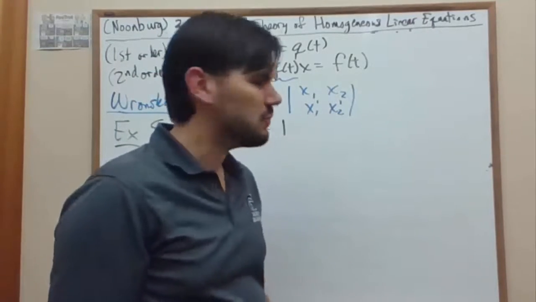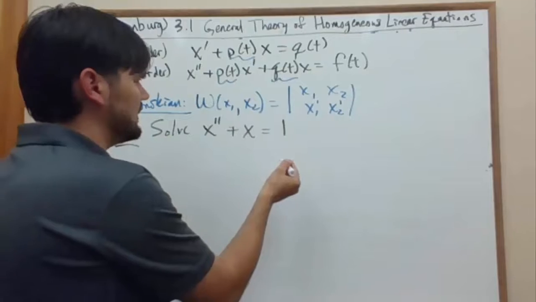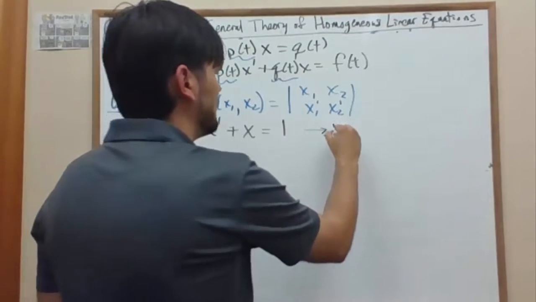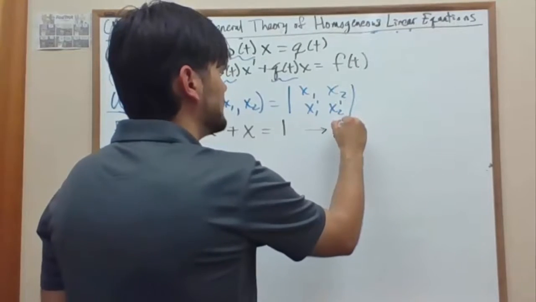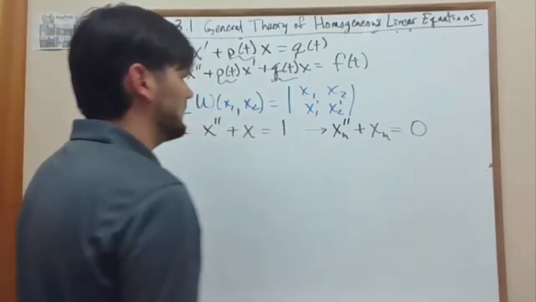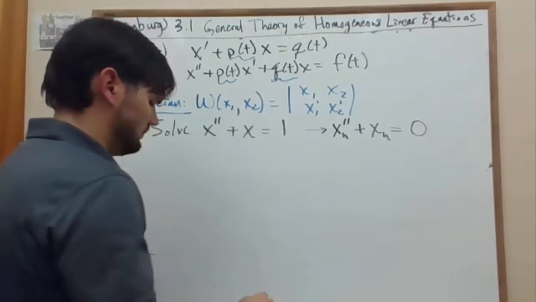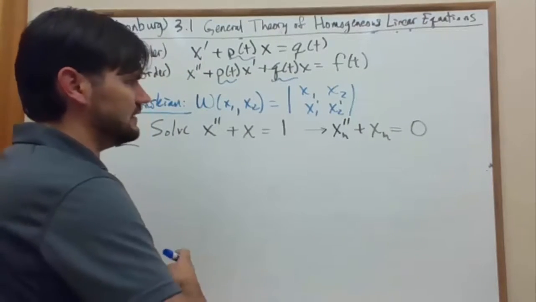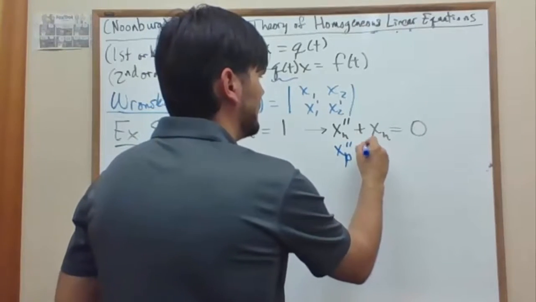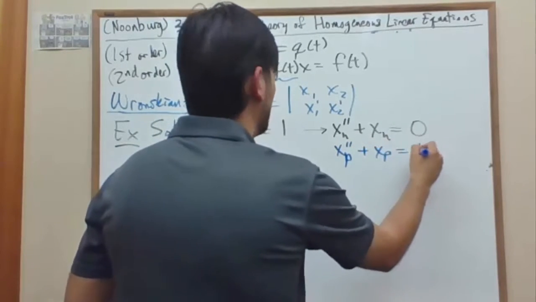So we're going to split it into two problems. We're going to analyze both this problem and the homogeneous problem. It's x_h double prime plus x_h equals 0, and x_p double prime plus x_p equals 1.